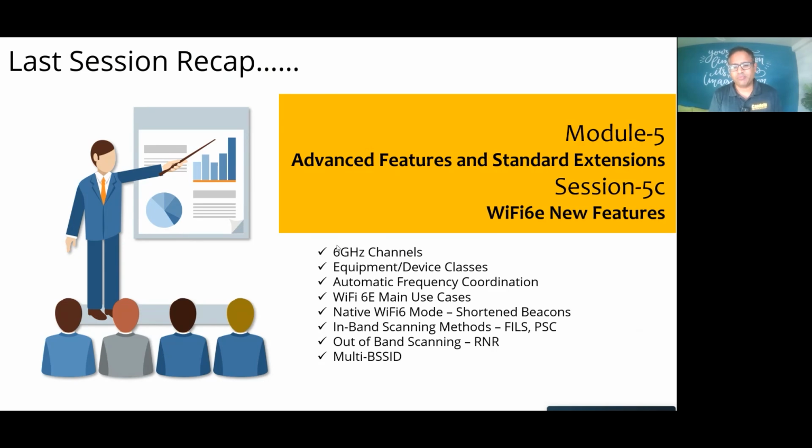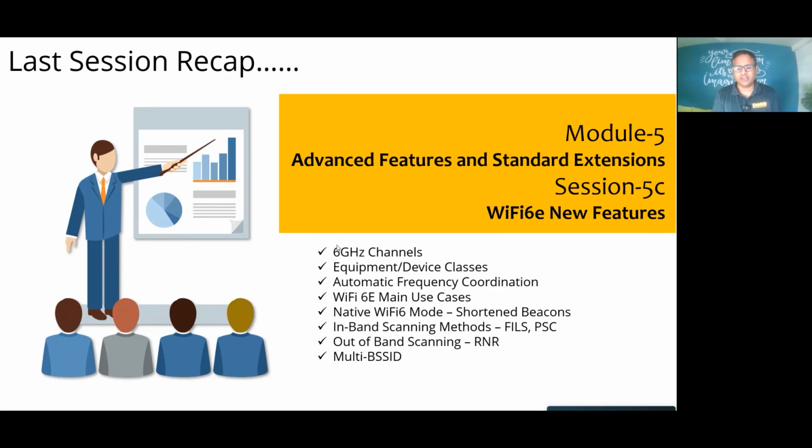But there are certain rules because there are certain incumbents using this technology. All the equipment used in the 6 gigahertz band needs to follow certain rules, and there are certain device classes like low power and standard power and so on. We talked about AFC and the rules required to follow for using certain bands in outdoor environments, and how that works.